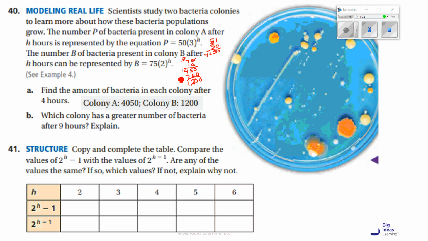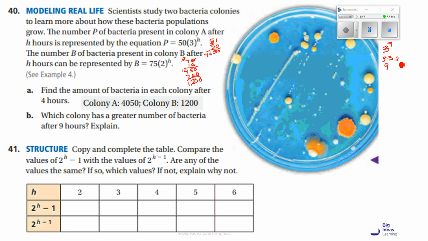So let's go ahead. I'm going to try to work these out using math here. We got 9 hours. So if I put 3 to the 9th power, this is going to be 3 times 3. Remember, we need 9 of them. That's going to be 9.